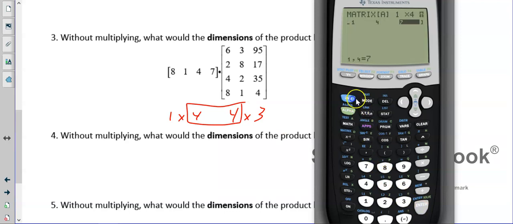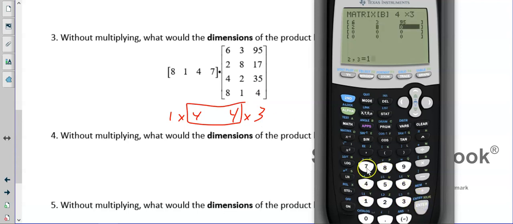And we're going to quit, go into matrix, and we're going to go to edit, come down to B, and we're going to change this to a 4 by 3. And put in, now just be careful here, 6, 3, 95 and 2, 8, 17.